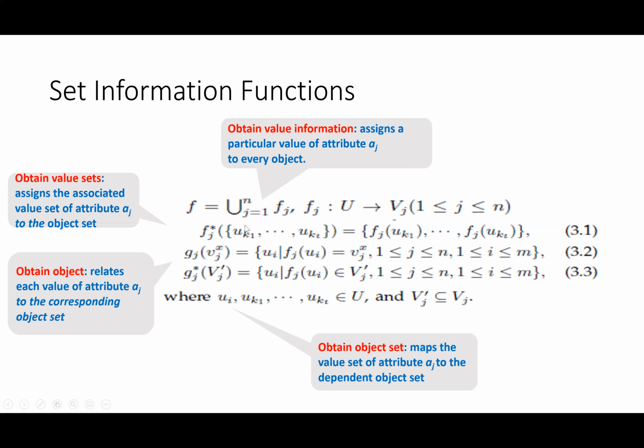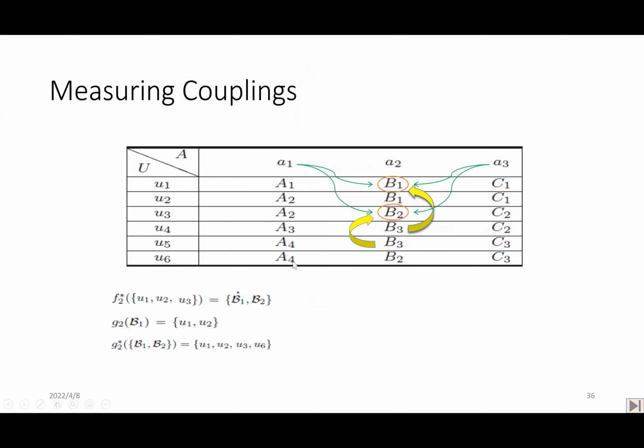We can use these interaction information functions for individual values, for extracting individual objects, object sets, or value sets. All these information functions consist of the information in the table, and that can be used to build the learning of similarity, and so on. So given the table, we can extract the values, or the object or object set, and so on.